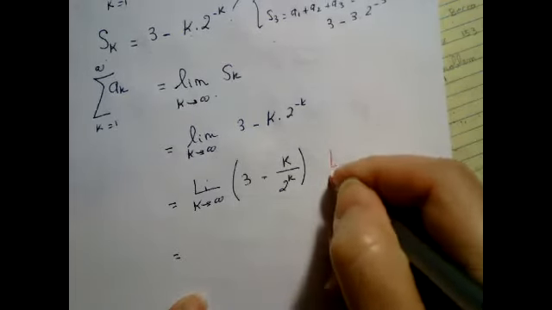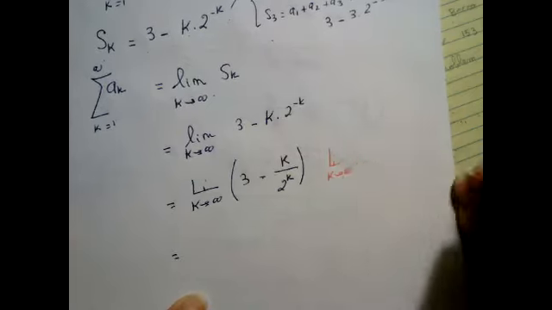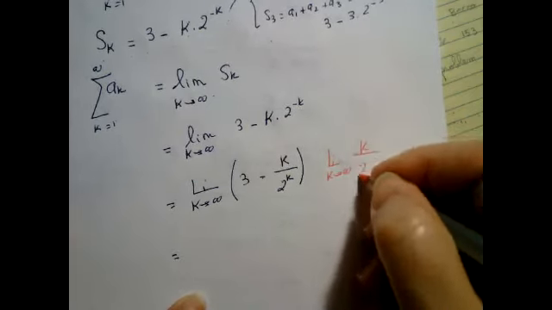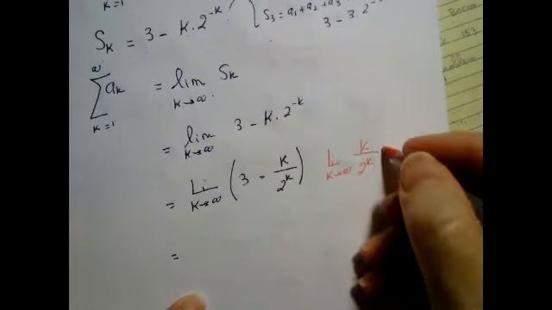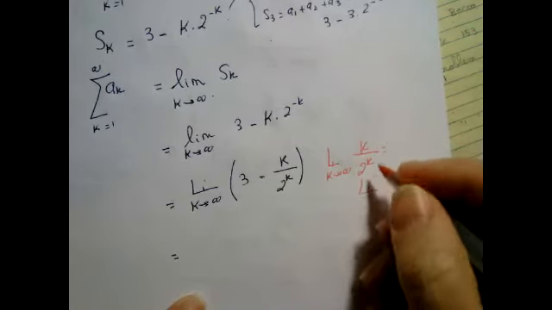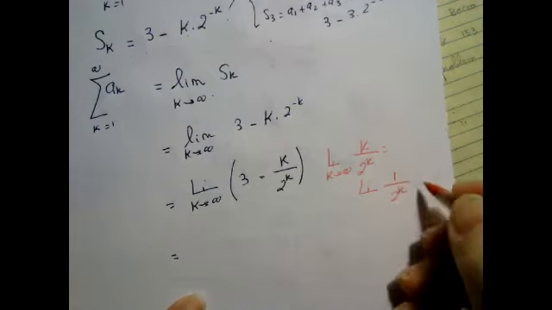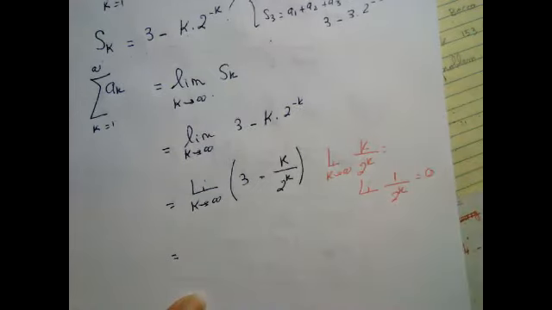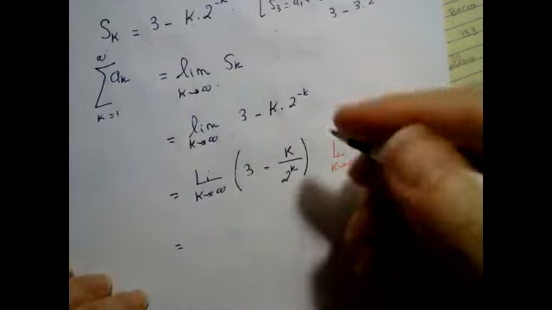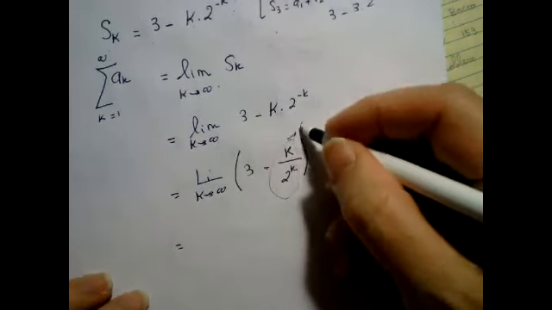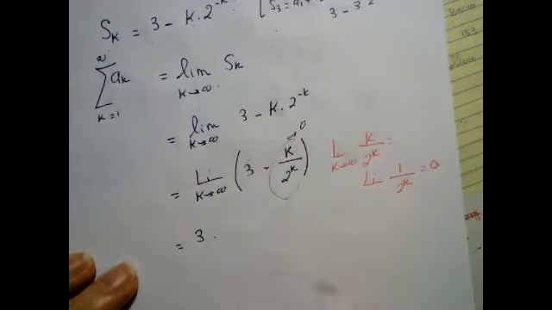Let me do it on this side. The limit as k goes to infinity of k over 2 to the k is of the form infinity over infinity. If I apply L'Hopital's rule, it gives me 1 over 2 to the k, which is equal to 0. So as k goes to infinity, this goes to 0. This is equal to 3.